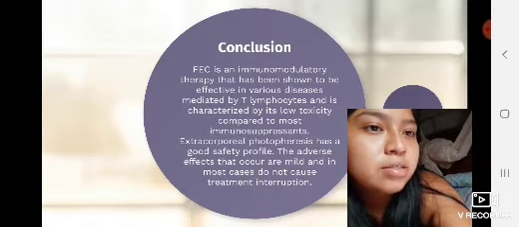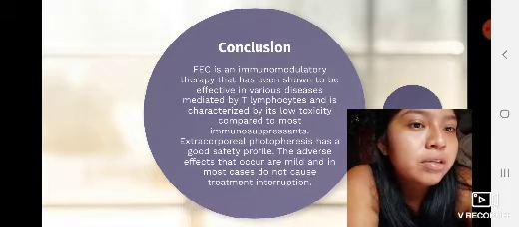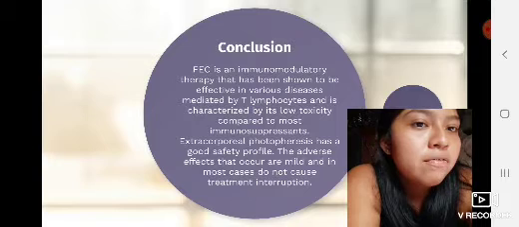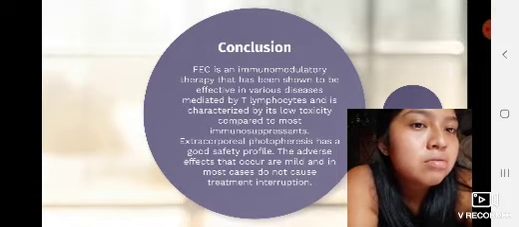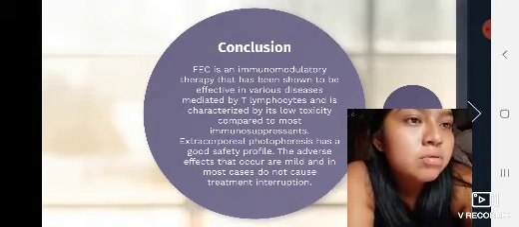Extracorporeal photopheresis has a good safety profile. The adverse effects that occur are mild and in most cases do not cause treatment interruption.